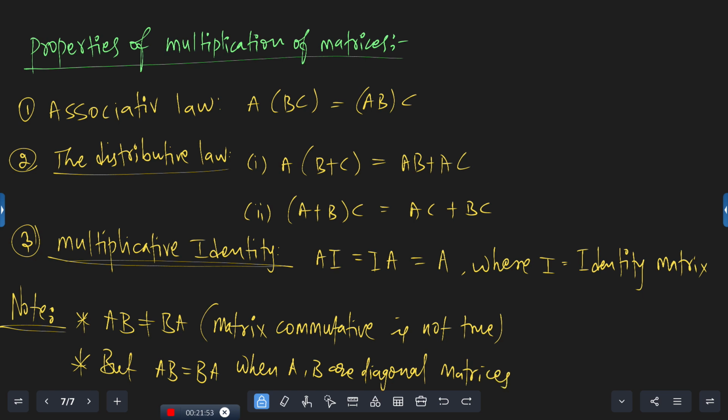Generally, A and B are not commutative in multiplication, but AB and BA will be equal, meaning it will be commutative, when A and B are diagonal matrices. Or else when it comes to inverse, it will also be true: A is the inverse of B, B is the inverse of A. But when we talk about inverse, I will explain that later. For now, this is enough.